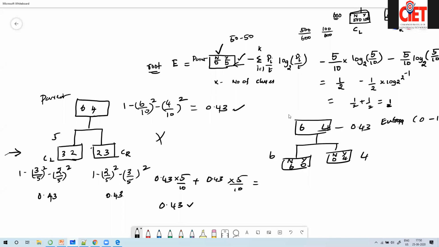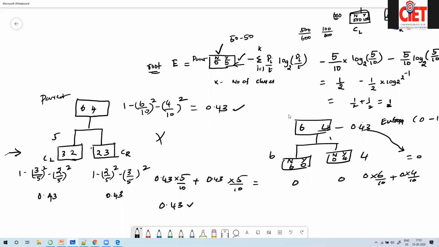What is the impurity at the child node? Left hand child 0, right hand child 0, weighted average of it 0 into 6 by 10 plus 0 into 4 by 10 is also going to be 0. Look at the decrease in the impurity: from 0.43, it becomes 0.